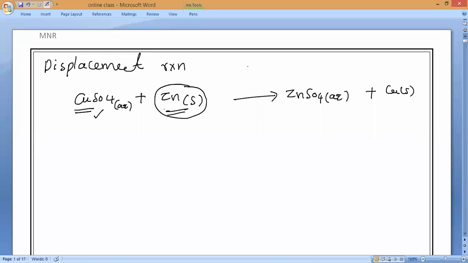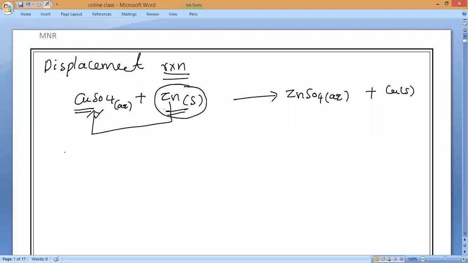So if you notice here, in this displacement reaction, the more reactive element always displaces the less reactive element. And every time, only a single element is displacing another element.